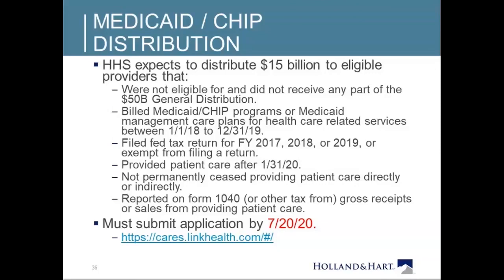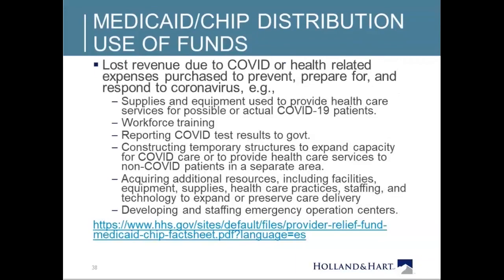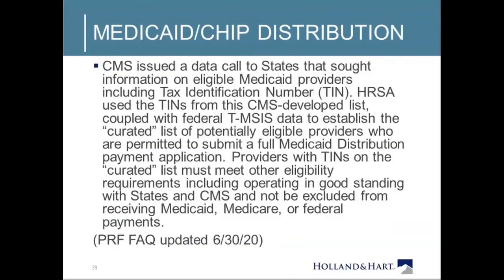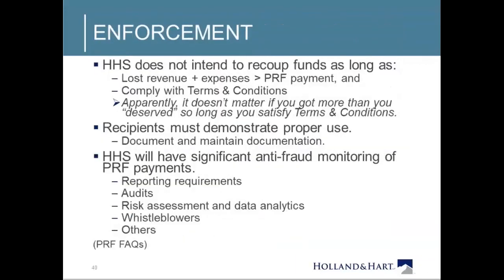If you did not participate in the general distribution and you want to participate in this Medicaid CHIP distribution, then you've got to submit your application by July 20th, 2020. You go into the Attestation portal and it will guide you through the process. I'm not going to go through the additional requirements here because these are pretty specialized entities and you probably know whether or not you're entitled to those Medicaid CHIP funds.